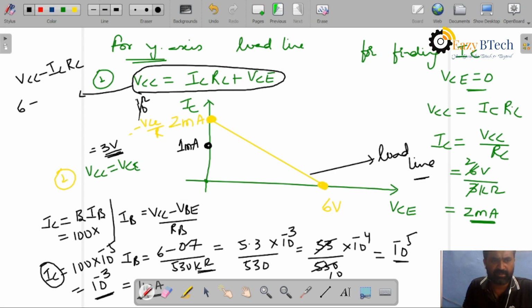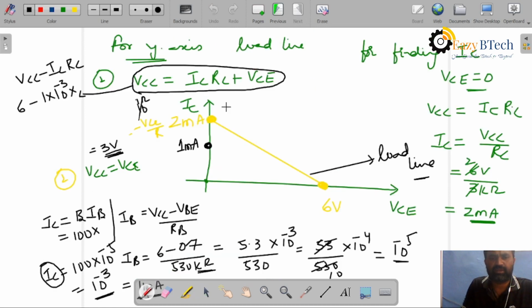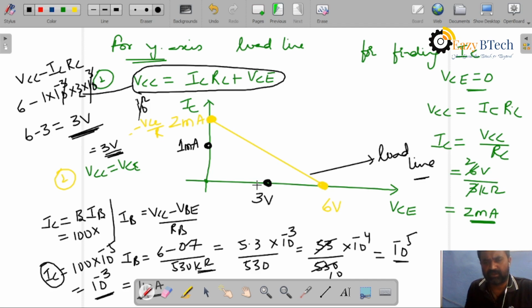VCC 6 volts minus IC, you are getting 1 into 10 power minus 3, into RC. What RC value has he given? RC has given 3 kilo ohm. Now substitute here. You get 3 into 10 power 3. 10 power 3 and 10 power minus 3 are gone. You will get 6 minus 3, that is 3 volts. You are getting 3 volts, that is the value of this point.